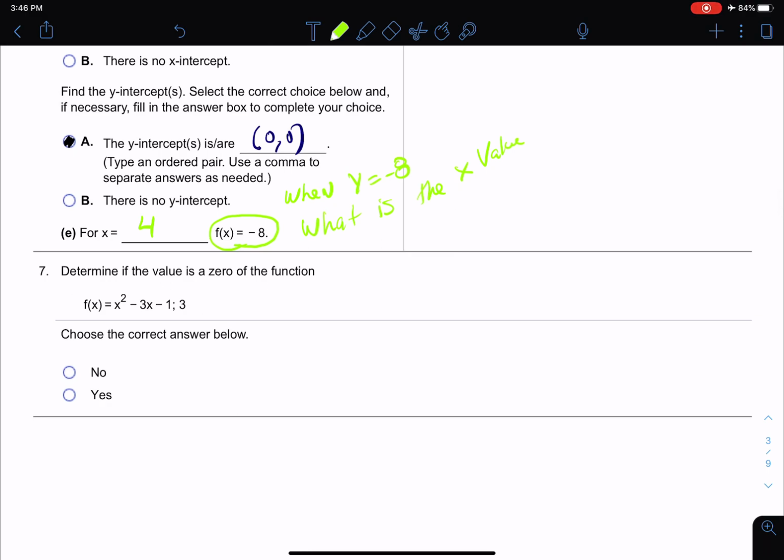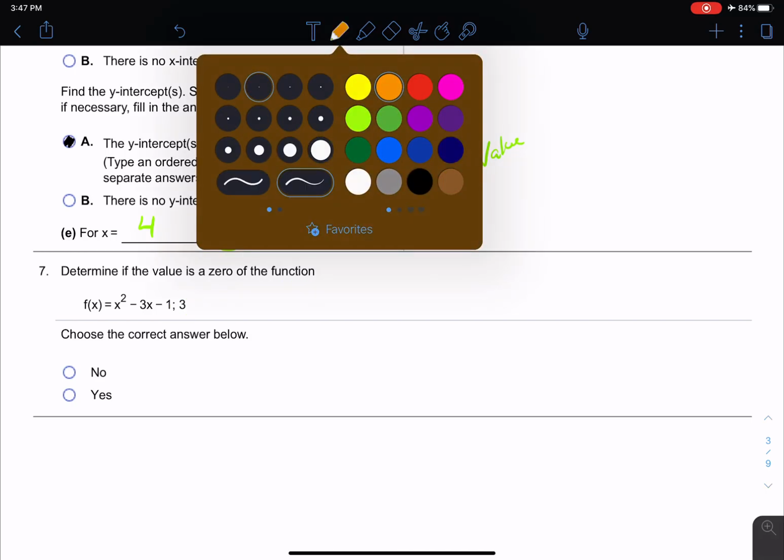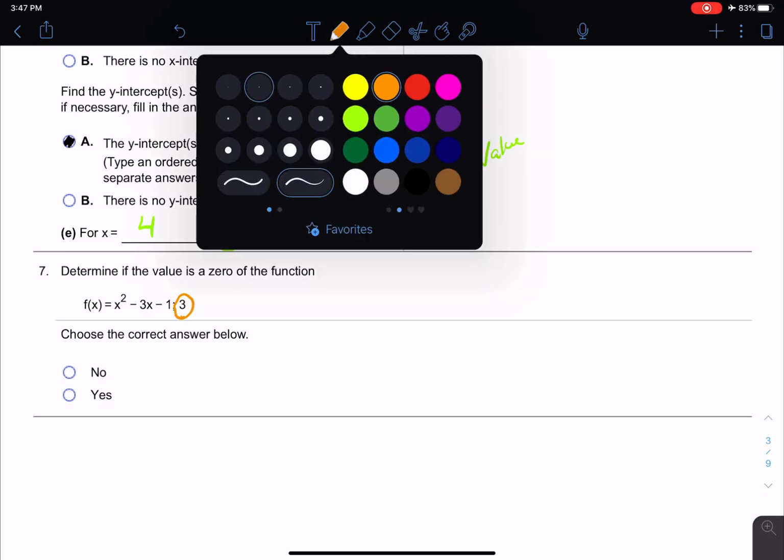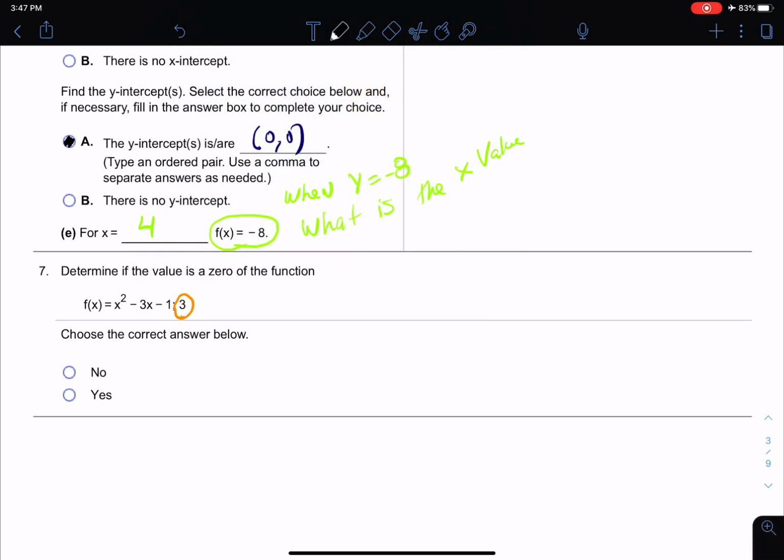So on this one, determine if the value is a 0 of the function. We want to know if 3 is a 0 of the function. Okay, let's get to the bottom of this. So here's my function. I'm going to write it right here.